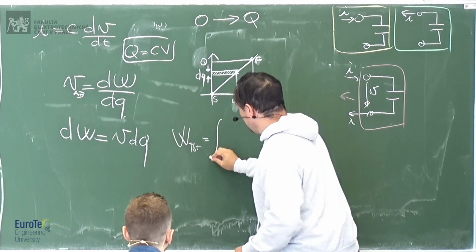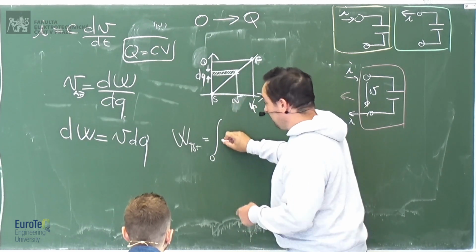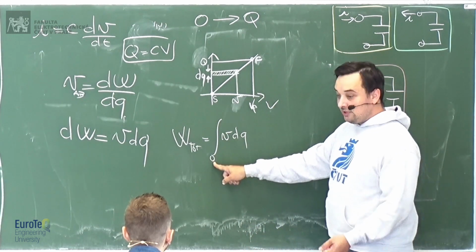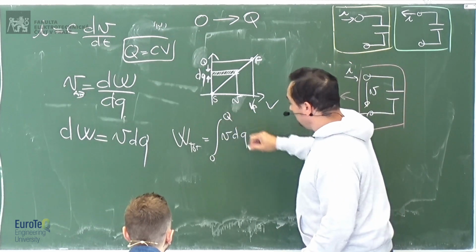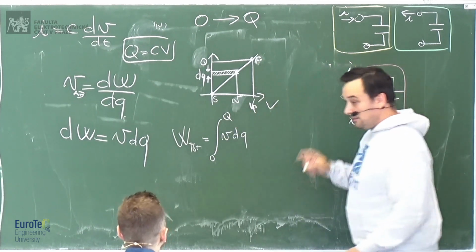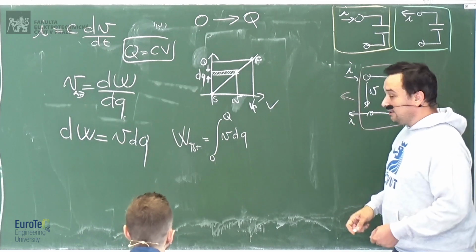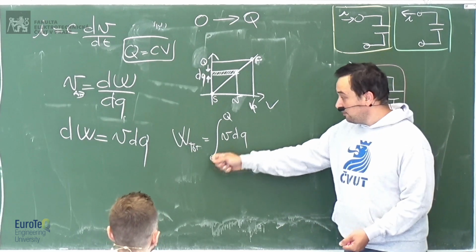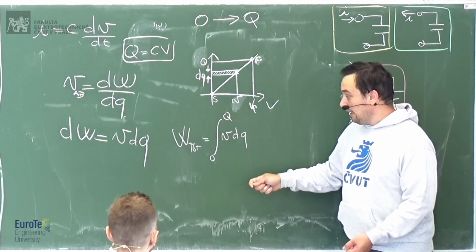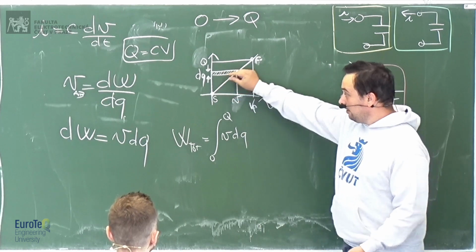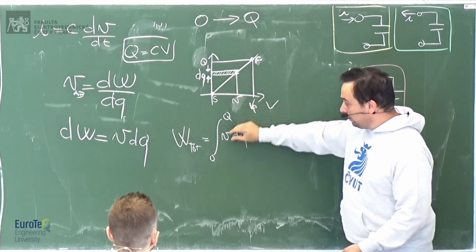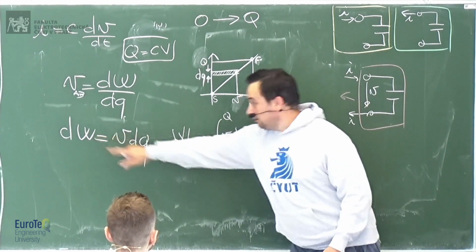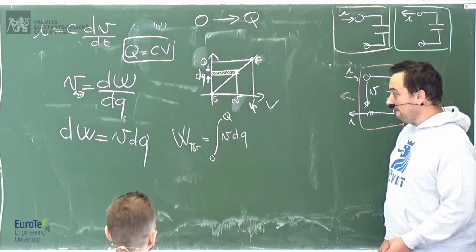It's just going to be the integral of v dq, when the charge that we put in goes from 0 to Q. You increase the charge of the capacitor from 0 to Q, and for each moment you have to integrate the voltage times dq, which is the elementary work, okay?